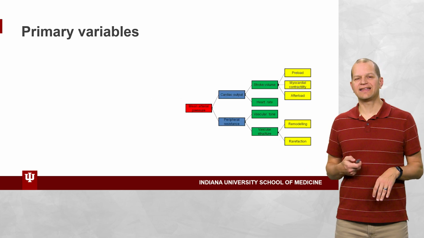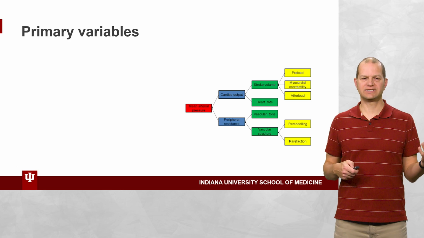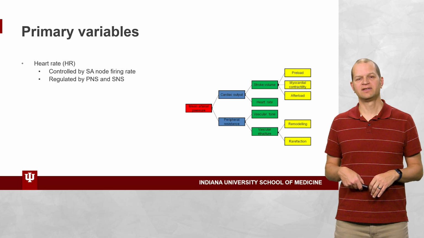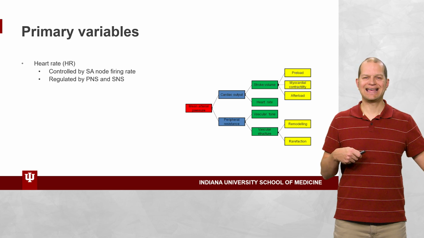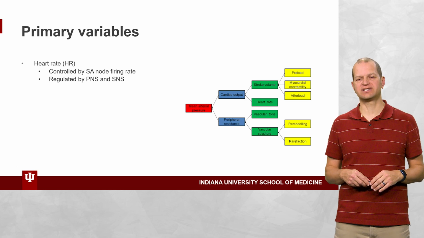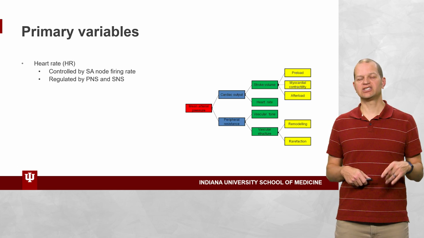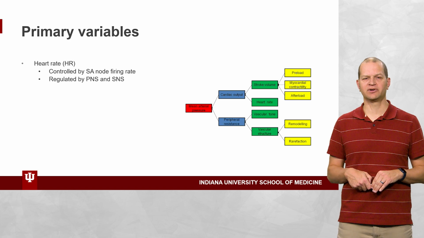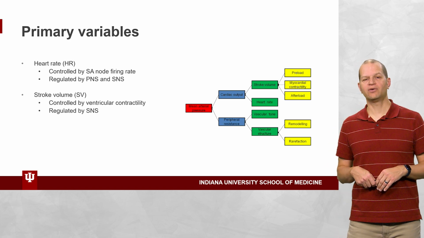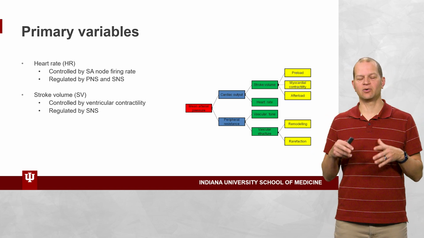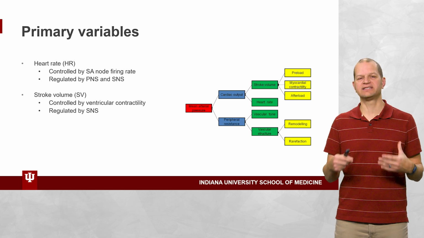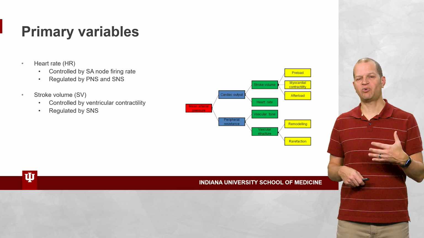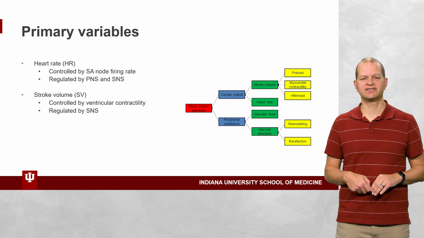So when it comes to regulating blood pressure, as we talked about earlier, there's a few variables. So we've got heart rate. This is the SA node firing rate. This is one of the first things we talked about with the cardiovascular system. This is regulated by both branches of the autonomic nervous system. Then we've got stroke volume. What we're regulating here is how hard the ventricle is contracting. This is primarily regulated by the sympathetic nervous system.